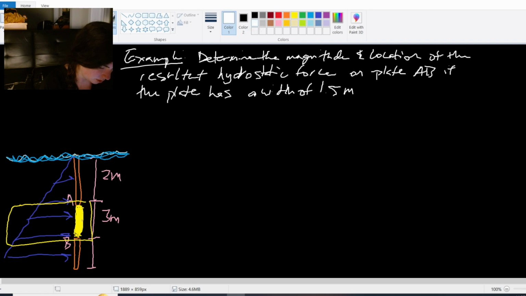Those pressure equations: pressure equals specific weight times our depth.